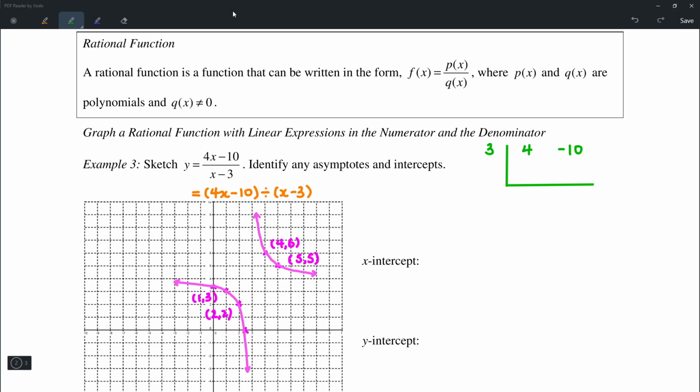So the first step, the 4 gets carried down. 3 times 4 is 12. -10 plus 12 is 2. So the 4 gives us the quotient part. And the 2 is the remainder.